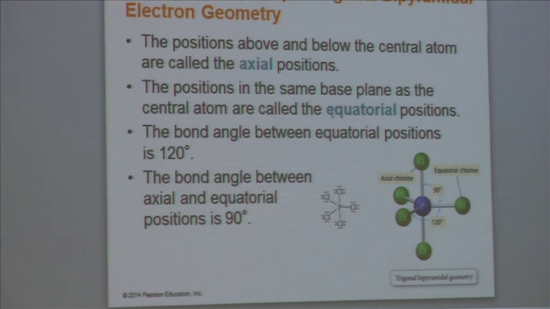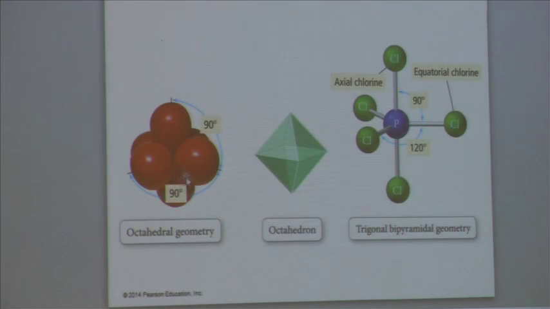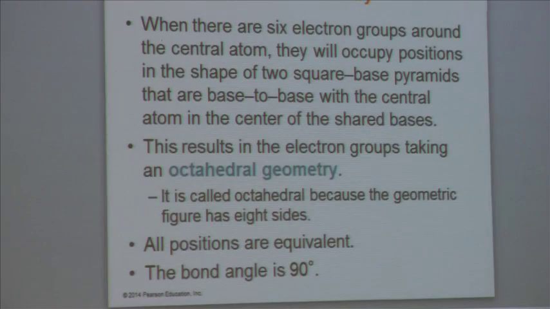We have positions above and below the central atom, and also positions on the equatorial or the axial planes. So here is an octahedron, and here is the equatorial chlorine and the axial chlorine, trigonal bipyramidal.